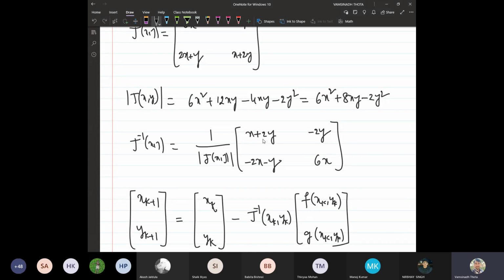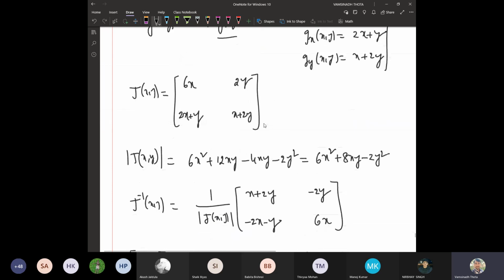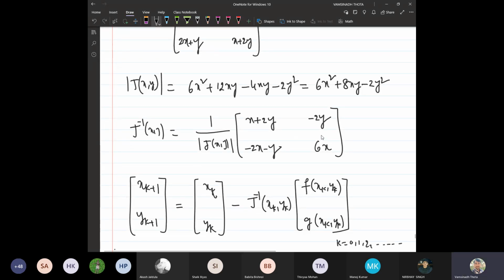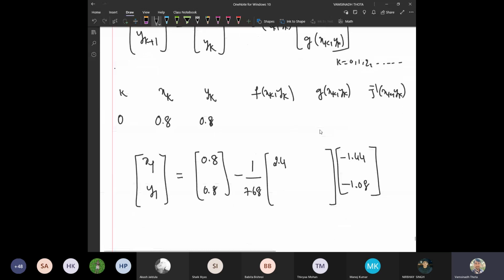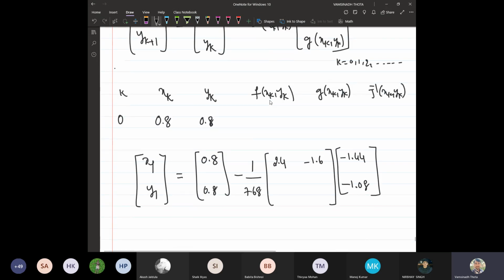So x plus 2y, so 3 times 0.8 means 2.4. And then fy, minus 2 times 0.8, so minus 1.6. And then minus 2x minus y, so minus 3 into 0.8, so minus 2.4.